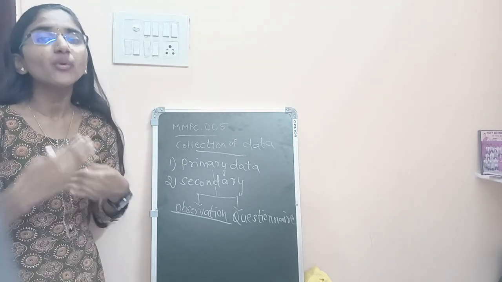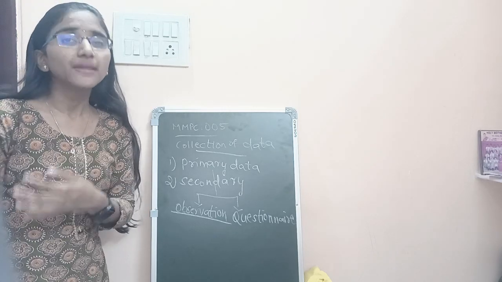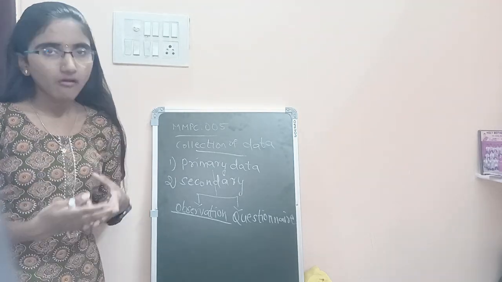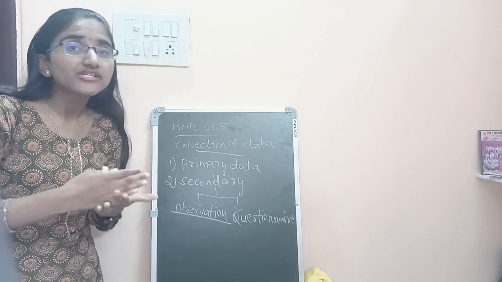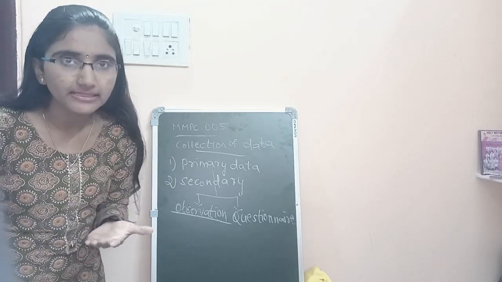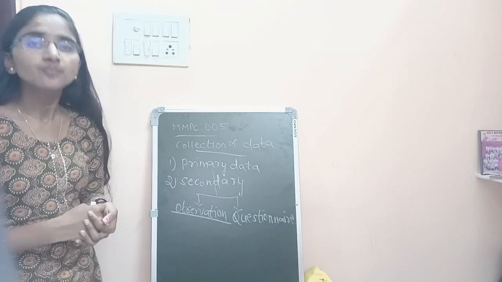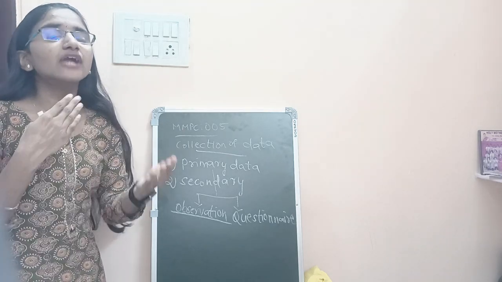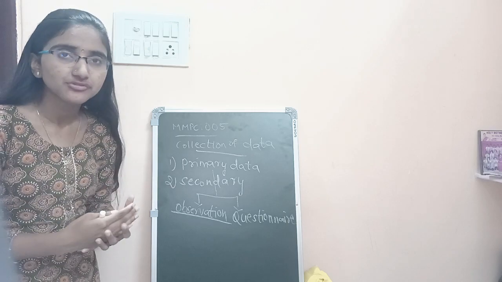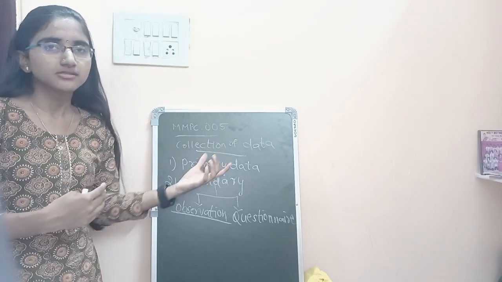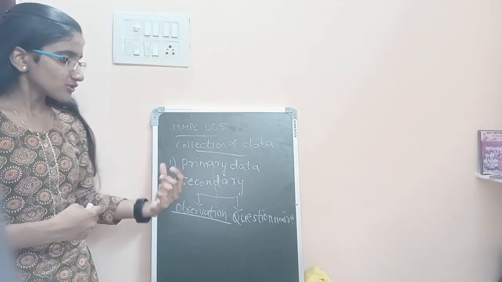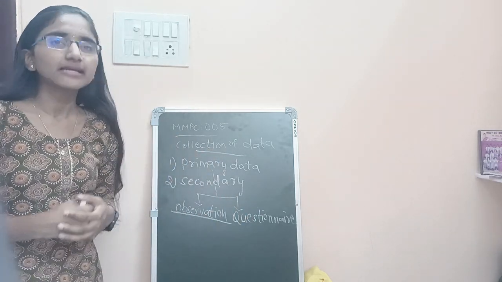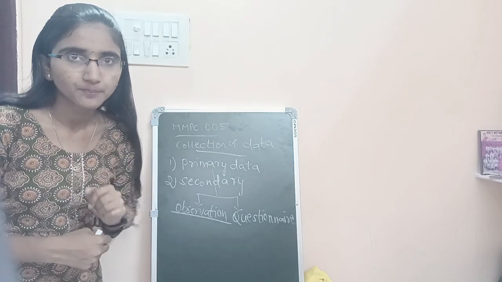You take a one-on-one interview session with the people from whom you want to gather the information, or you send the questions to them through email and get the responses, or the third one is you make a call to them and through telephonic conversation you try to gather the answers for your questions. So these are the two methods through which we basically collect the primary data.